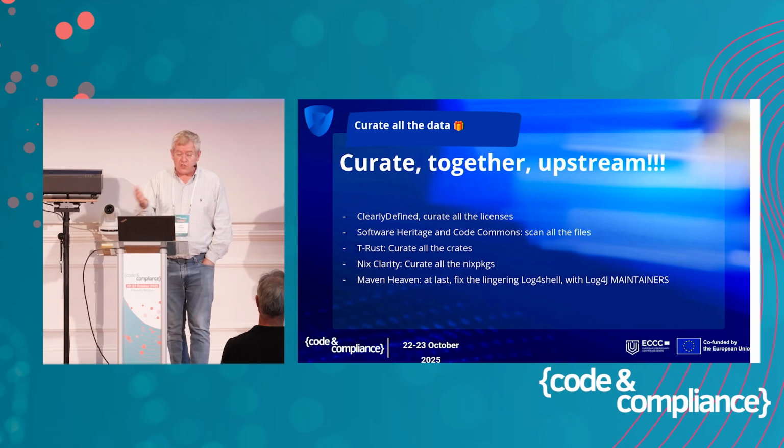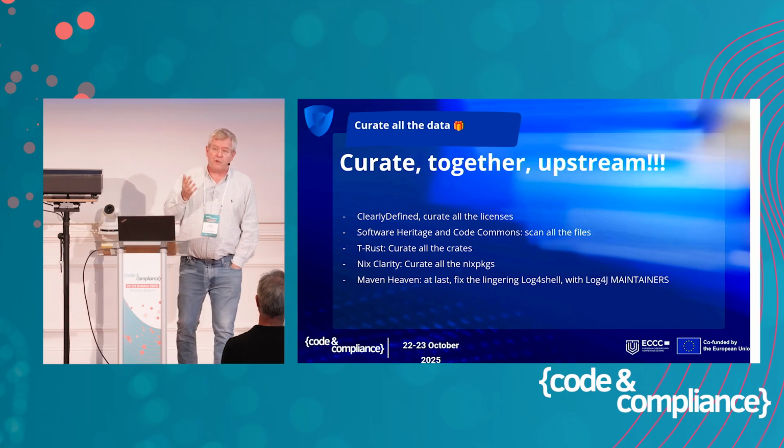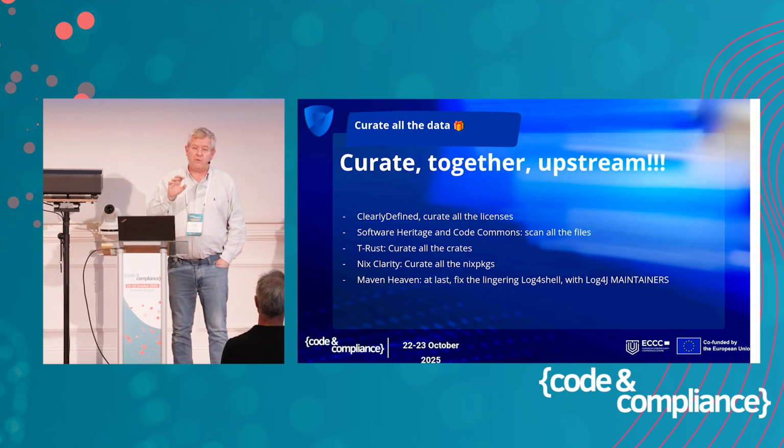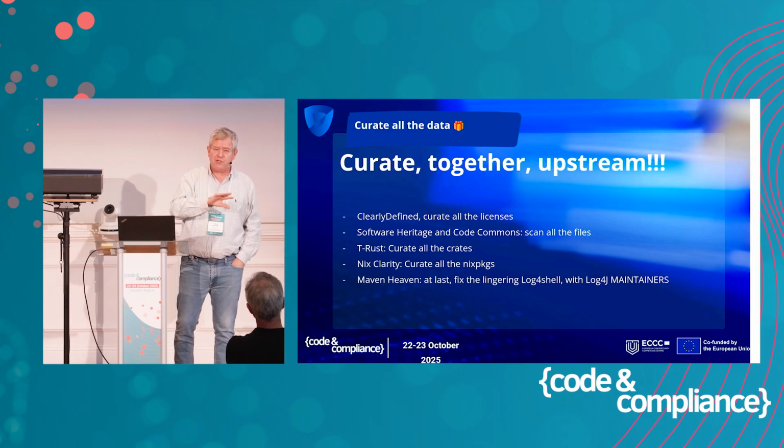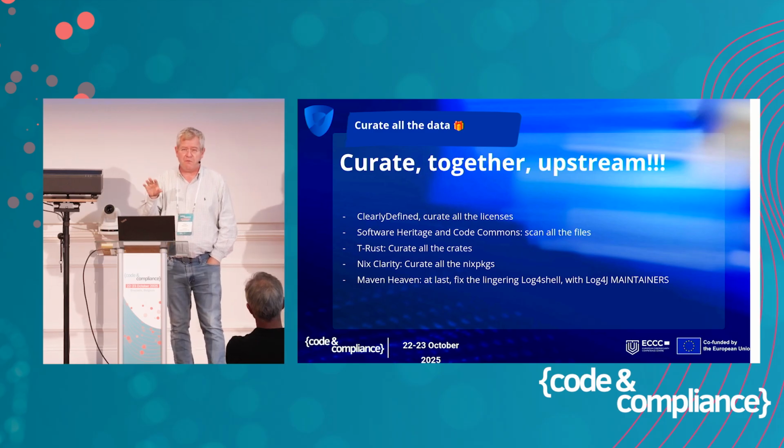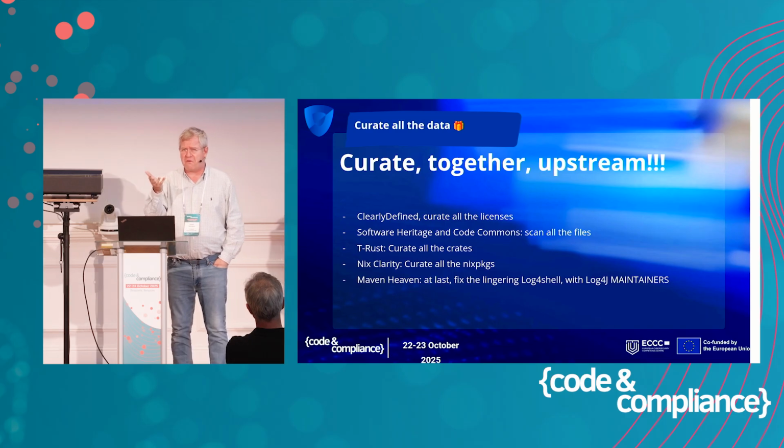And eventually, what's really important is that when we review and curate package information, we can't do it one package at a time. There's about 80 million versions of NPM packages, JavaScript packages on NPM, about 4 million-ish on Maven Central.